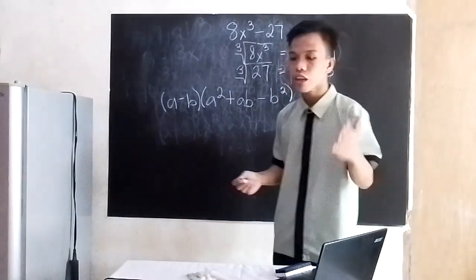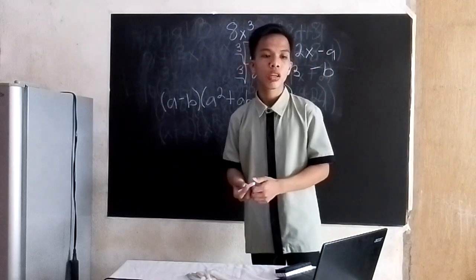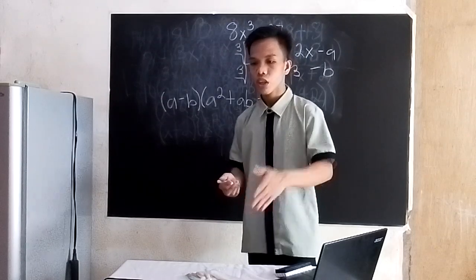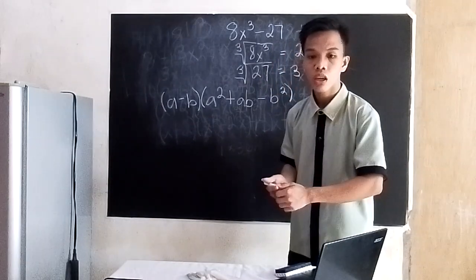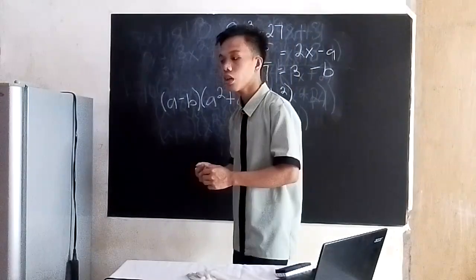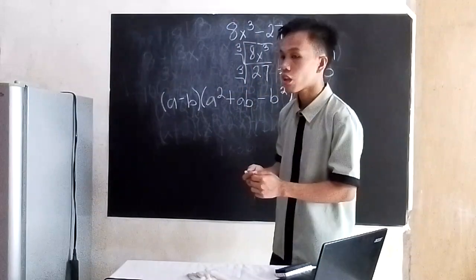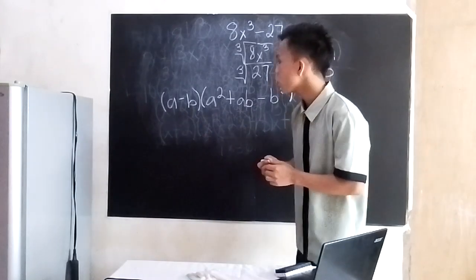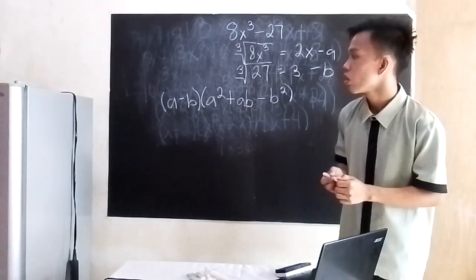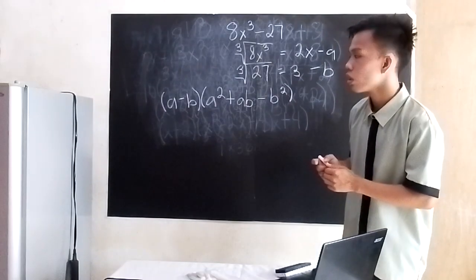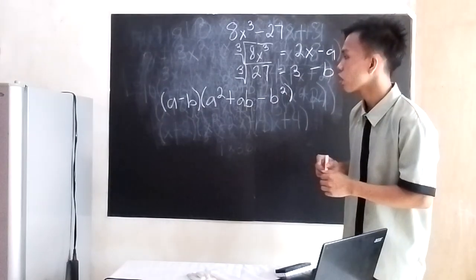So again, what is the next process? Yes, Joshua. That's right. So our next step is what we call the substitution principle. So Joshua, can you substitute the given values to the formula? That's right.